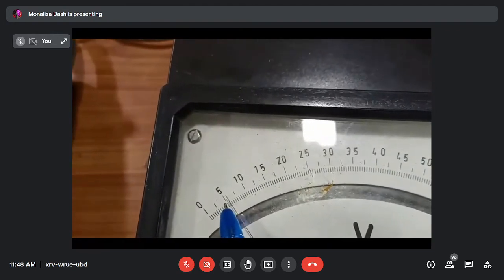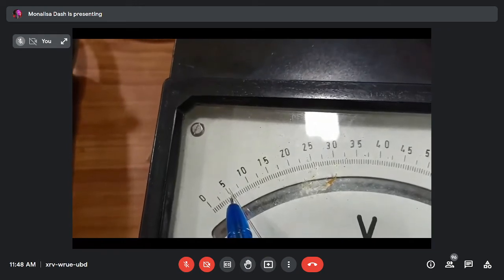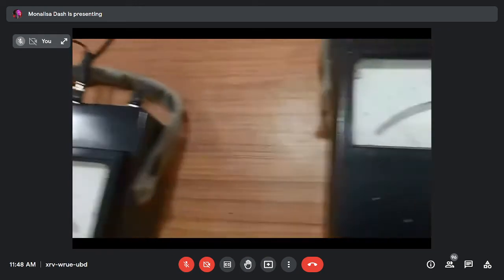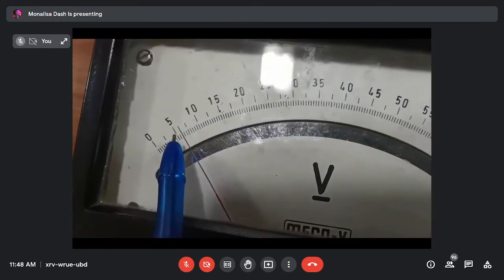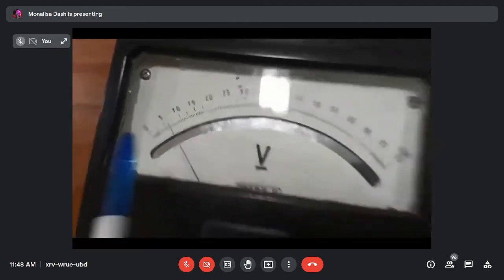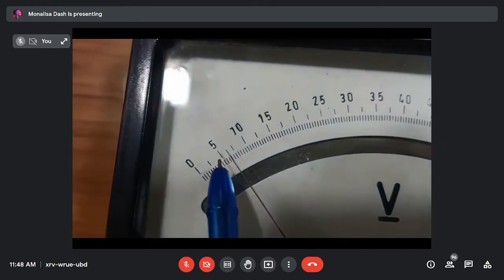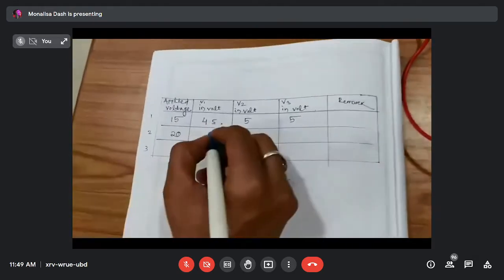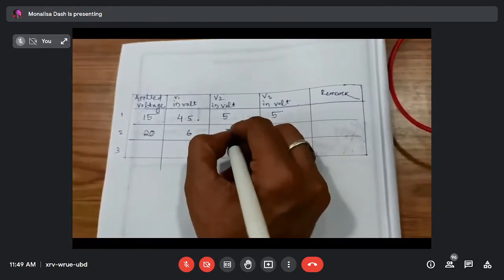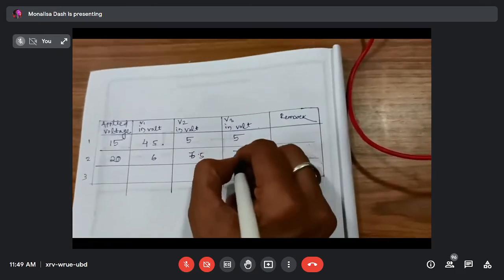This is 5.5 or 6, it may be 6. This is 7, I think 6.5 this one. This one is 7. This one is 6, this one is 7. Sorry, 6.5. And this one is 7.